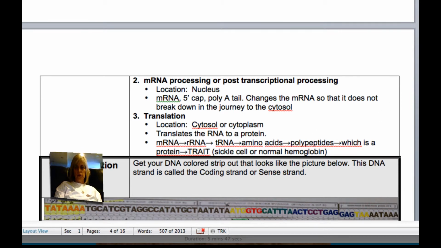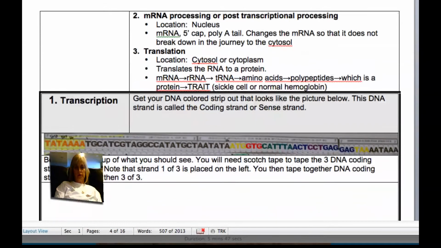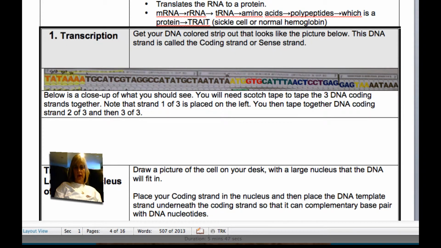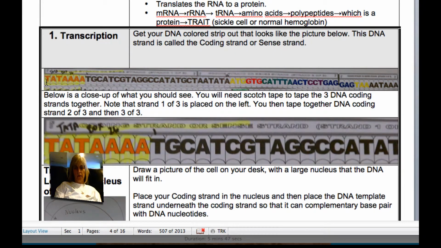I want you to know that we're located in the nucleus of the cell. Get out your DNA colored strip that I made for you. It's a 3-section piece that you're going to tape together. On the left-hand side you put strand 1 of 3, which shows the TATA box, which is TA and then 3 A's in orange.